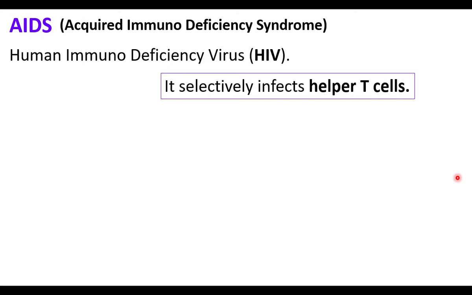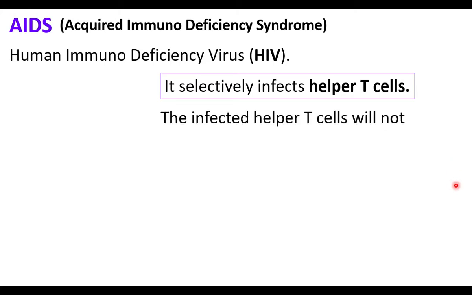We have two types of immunity: antibody mediated immunity and cell mediated immunity. Both acquired immunity types are activated by T helper cells. But here the HIV virus infects T helper cells. So the infected T helper cells cannot stimulate the immune response.